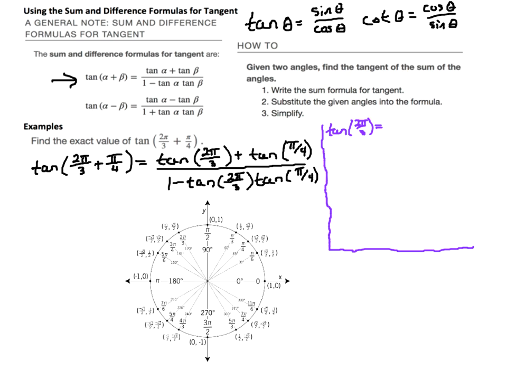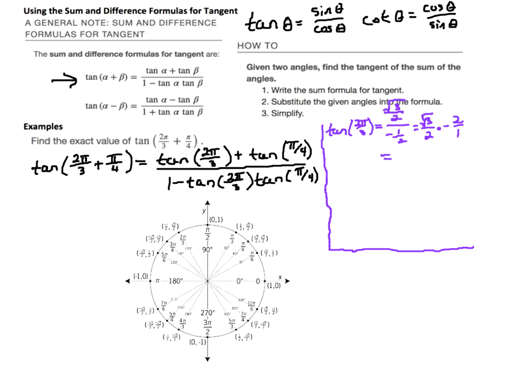And for 2 pi over 3, that gives me square root 3 over 2 divided by negative 1/2. Well, I never divide fractions. I multiply by the reciprocal, so that's square root 3 over 2 times negative 2 over 1.